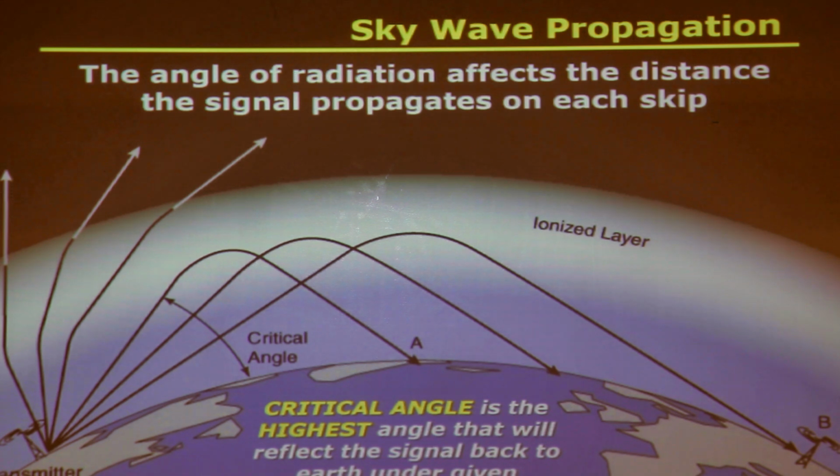Given conditions means time of day, frequency, propagation, all that kind of stuff. It's not the same every day, not the same on all frequencies, and not the same at night as it is in the morning. So under given conditions, the critical angle is the highest angle you can radiate that won't go right through the ionosphere, and it'll come back to Earth.